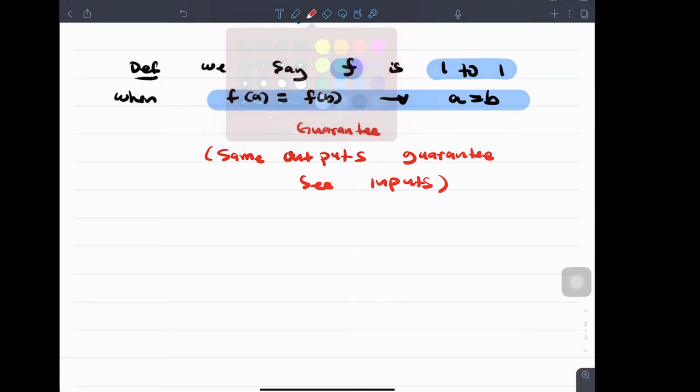So here's the deal. Same outputs guarantee same inputs.